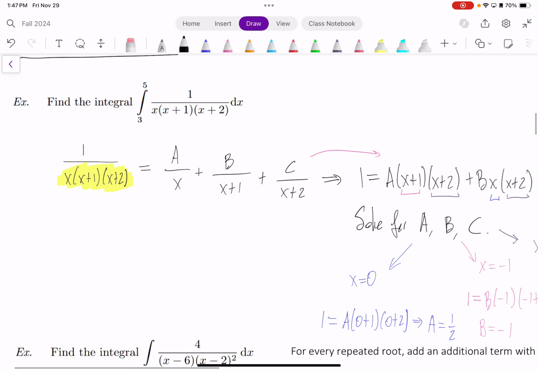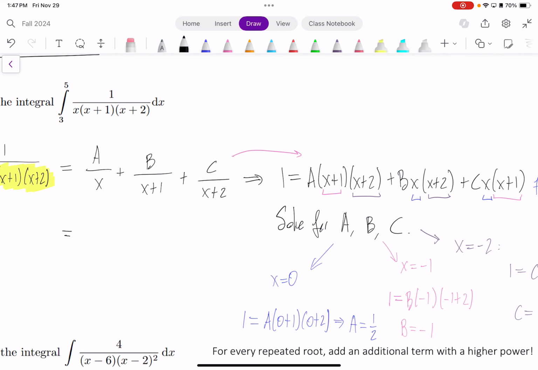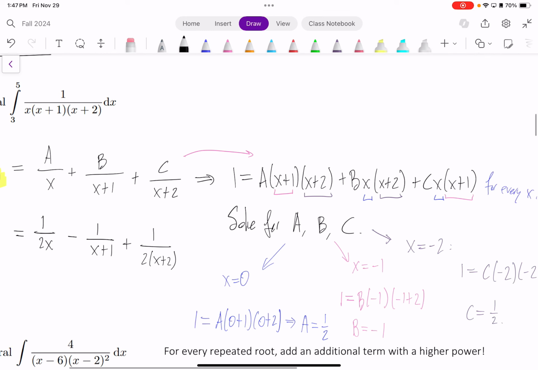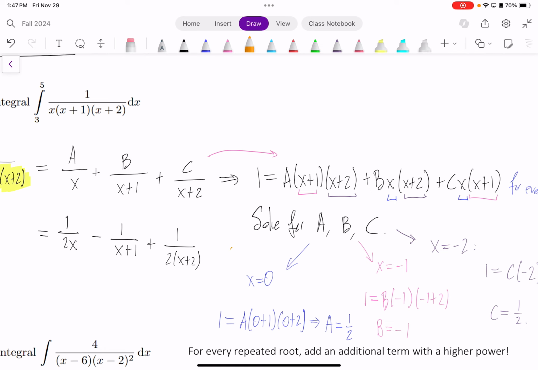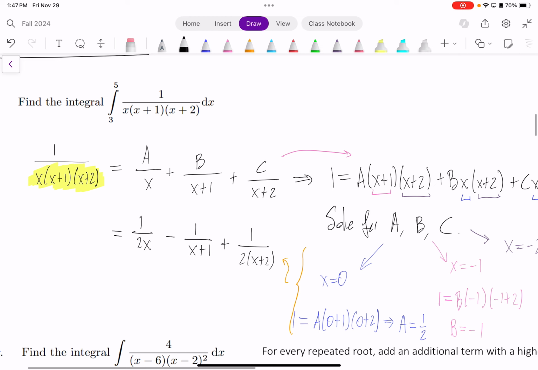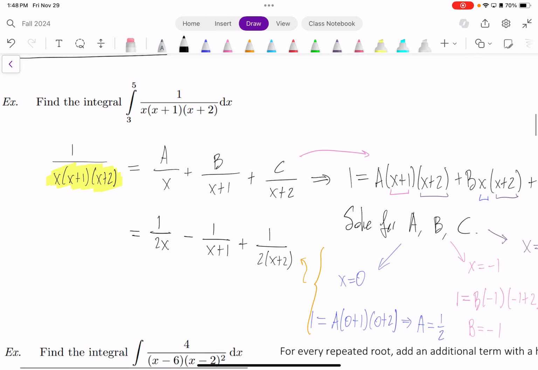So what we're going to do is take those coefficients. We know a is equal to 1/2, so we'll get 1/2 over x, minus 1 over x plus 1, plus 1/2 over x plus 2. So these just come from our coefficients that we solved for. And now we're going to want to integrate this, so here I'll just write a dx on this side.